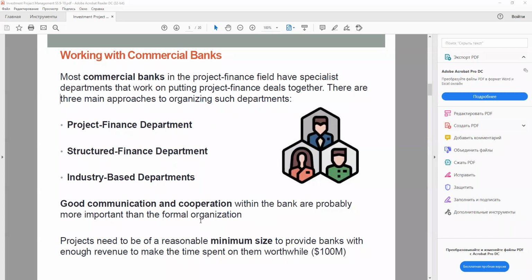In general, the project finance personnel in these departments have banking or finance backgrounds, although banks may also employ in-house engineers and other specialists, including people with relevant industry experience.